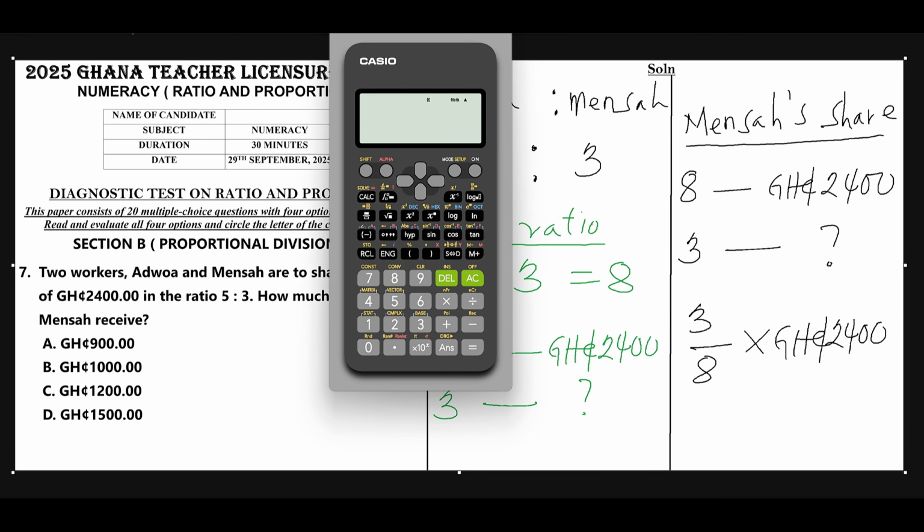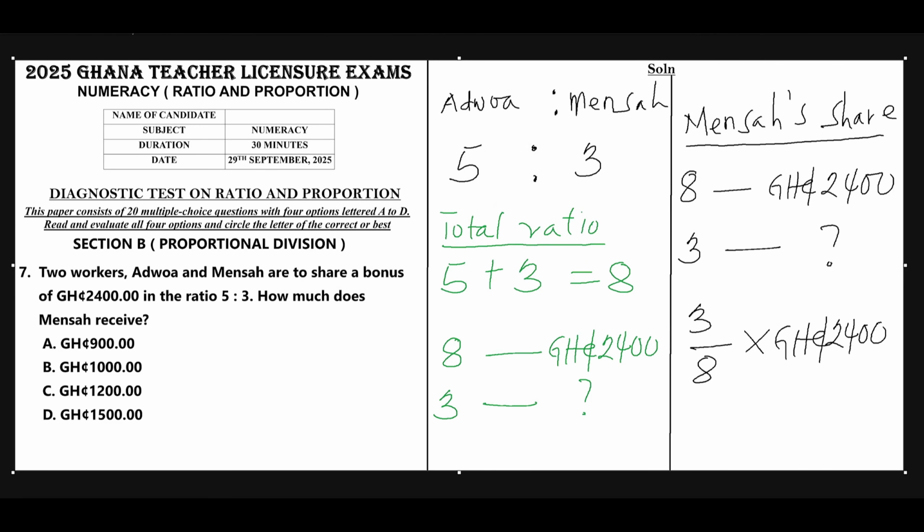So let's find out 3 out of 8 multiplying 2,400 Ghana cedis. So we have 900 cedis. So that is Mensah's share of the bonus. So we select A.